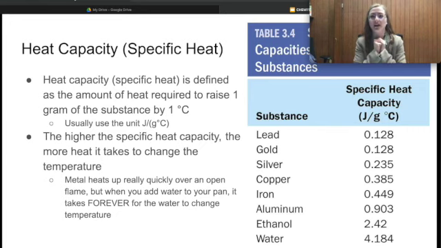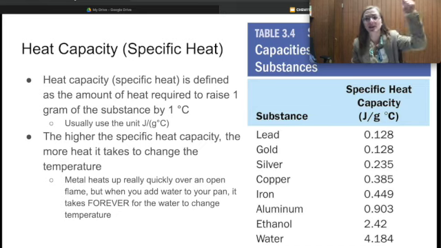So if you think about it, if I was getting ready to cook and I want to preheat my pan, I might just take my metal pan and set it on my stove. That metal pan heats up pretty quick. If you've got a gas flame and I left that for 30 seconds, then walked up and touched it, I'm going to burn my hand right away. However, if I pour some water in the pan and I'm heating water over a flame, and I walk up in 30 seconds and stick my finger in the water, I'm not going to burn myself.